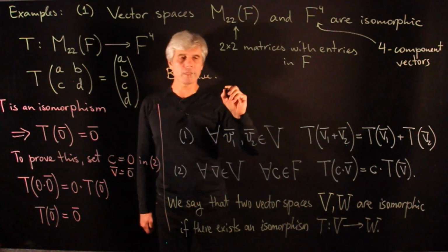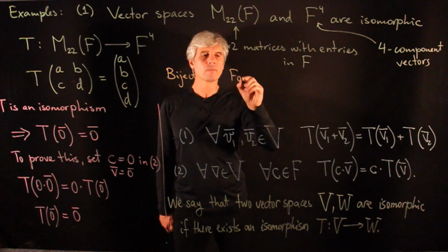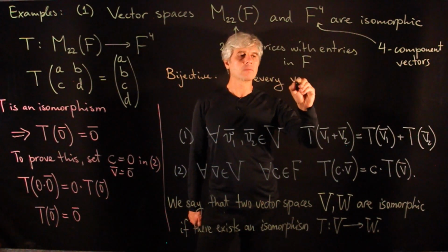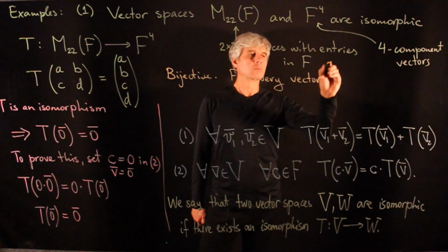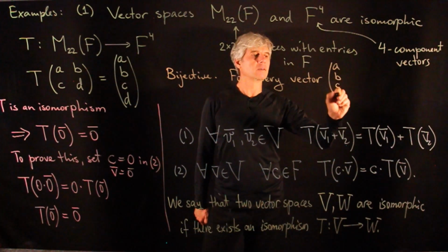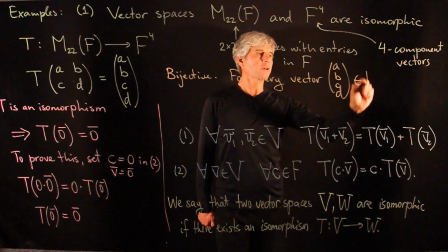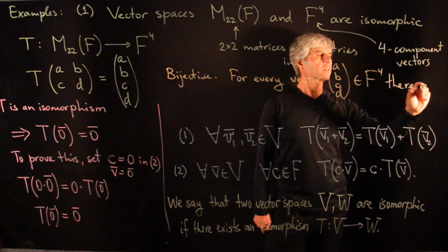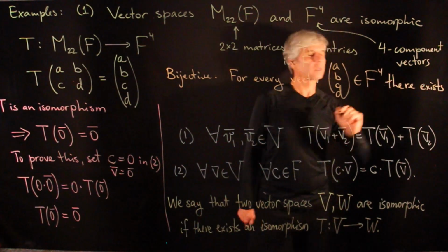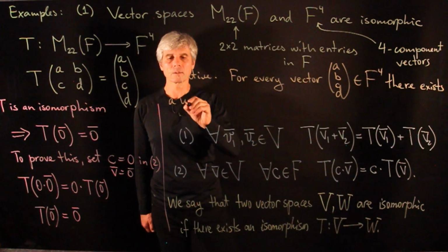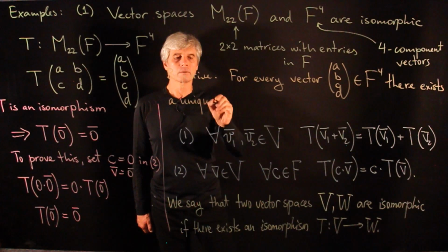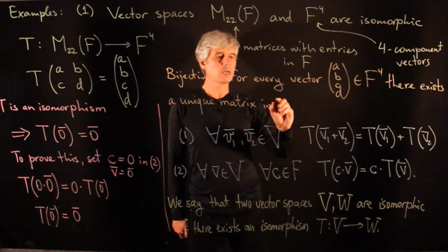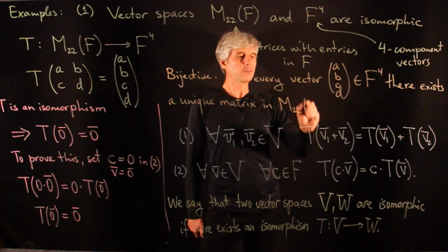It means the following, that for every vector a, b, c, d in F4, there exists a unique matrix in M22 of F.